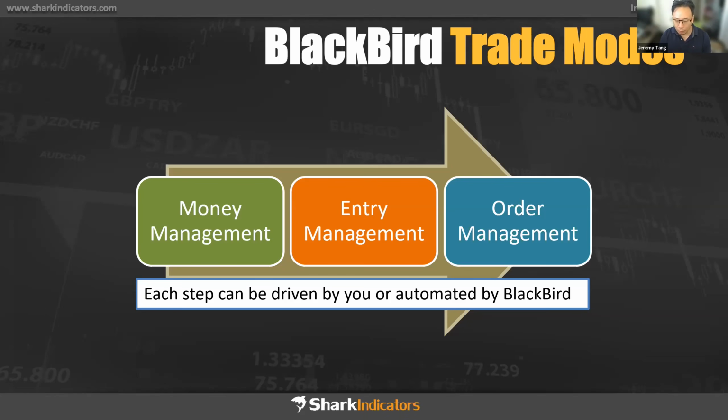So you can go anywhere along that spectrum, and you can switch any one of these aspects at any time between a manual and an automated sense, whatever fits your trading style. And you can switch back and forth on the fly, and BlackBird will pick up the slack for you. So that's the kind of tool that it is. And so again, today's focus is going to be on this one aspect of the BlackBird software.